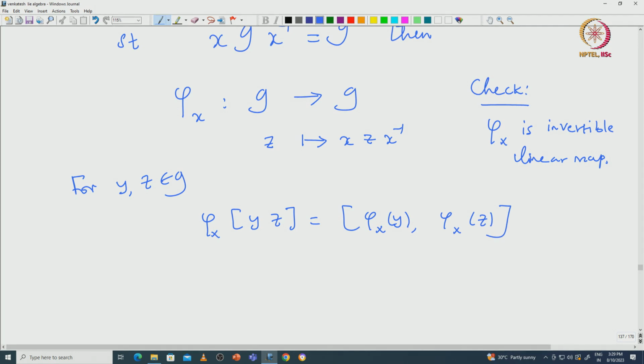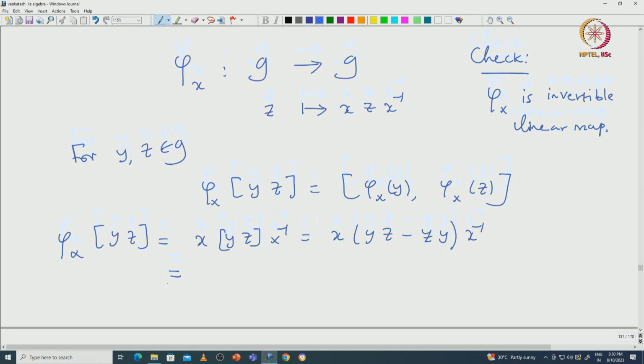Now let us go with the definition and see what is phi x of the bracket y z. That is nothing but x times bracket y z times x inverse, but what is the bracket y z? That is nothing but y z minus z y. So, you can just bring it inside and complete this calculation.